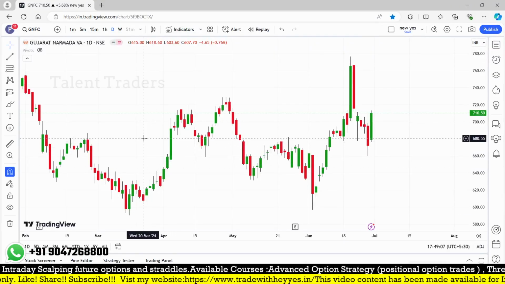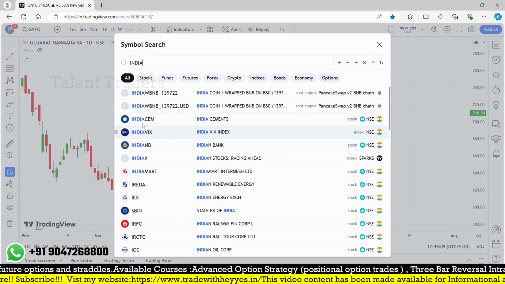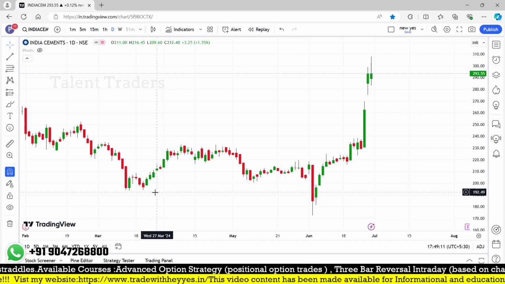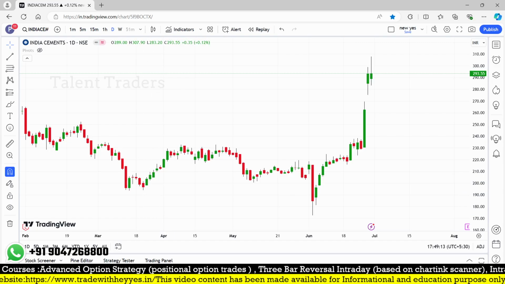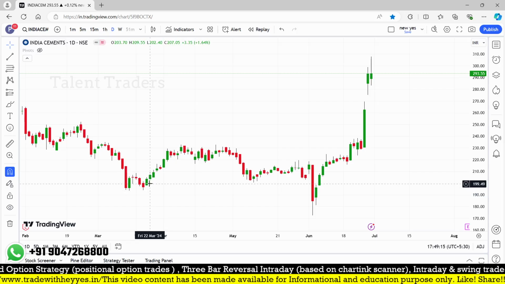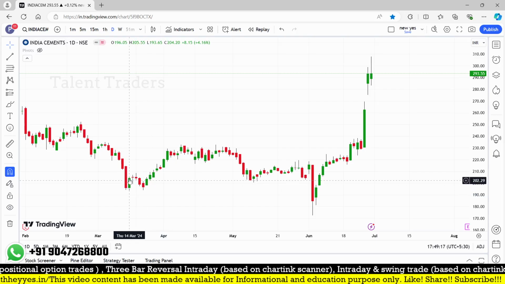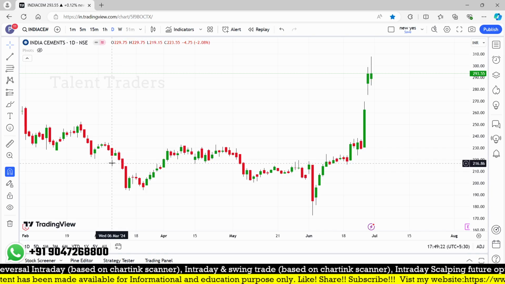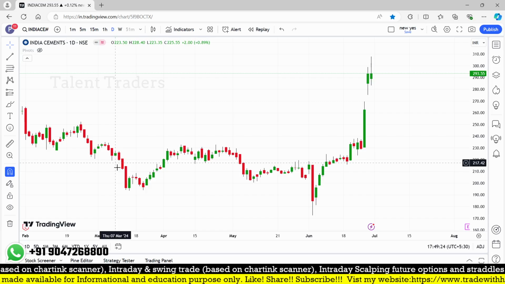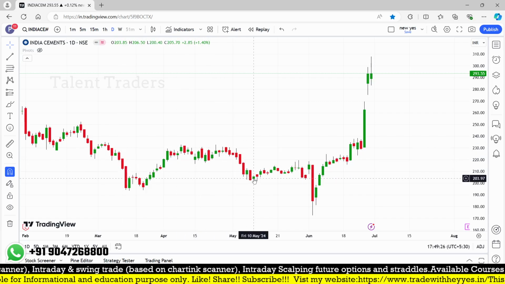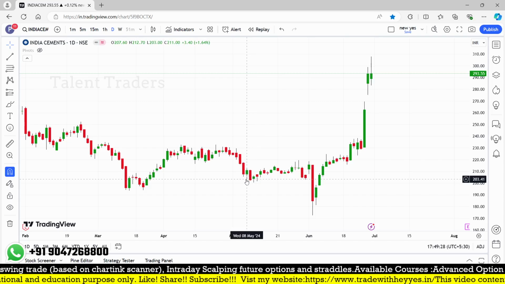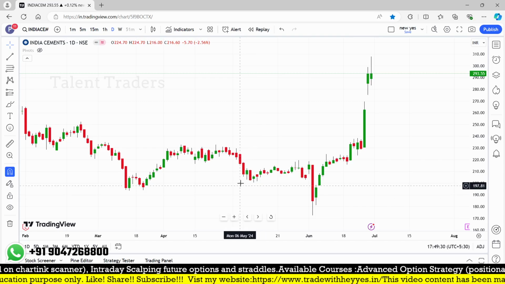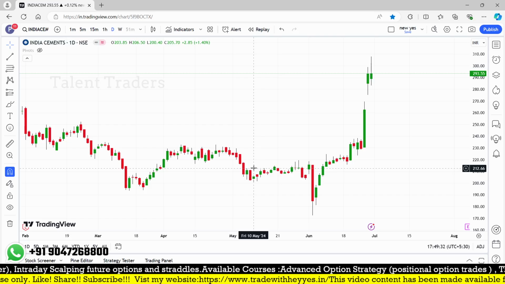India Cements. So one more day, where it is in India Cements, this was happening on 8/5. Here is the one where the next day the stop loss triggered, and it was a range-bound one.